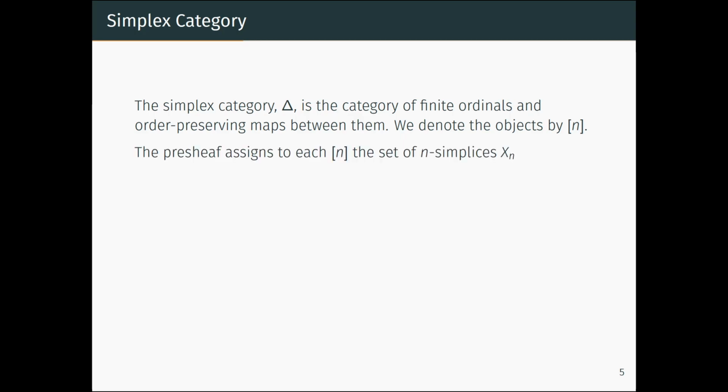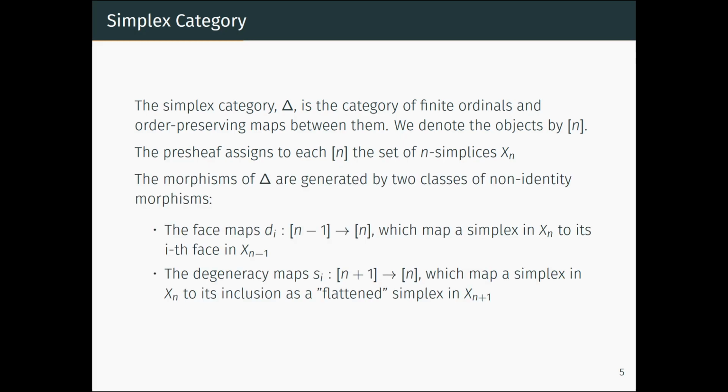For our presheaf here, we assign to each of these the set of n-simplices. The morphisms in this category are, by definition, the order-preserving maps, but more clearly it's generated by two classes of non-identity morphisms. You have face maps, which take an n-simplex and map it to a lower dimensional simplex by leaving out the ith vertex.